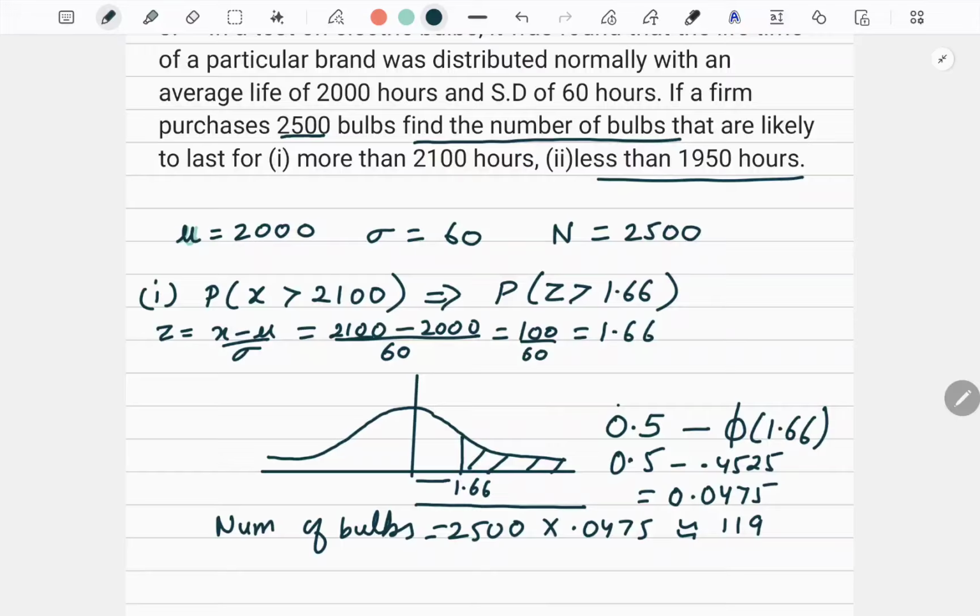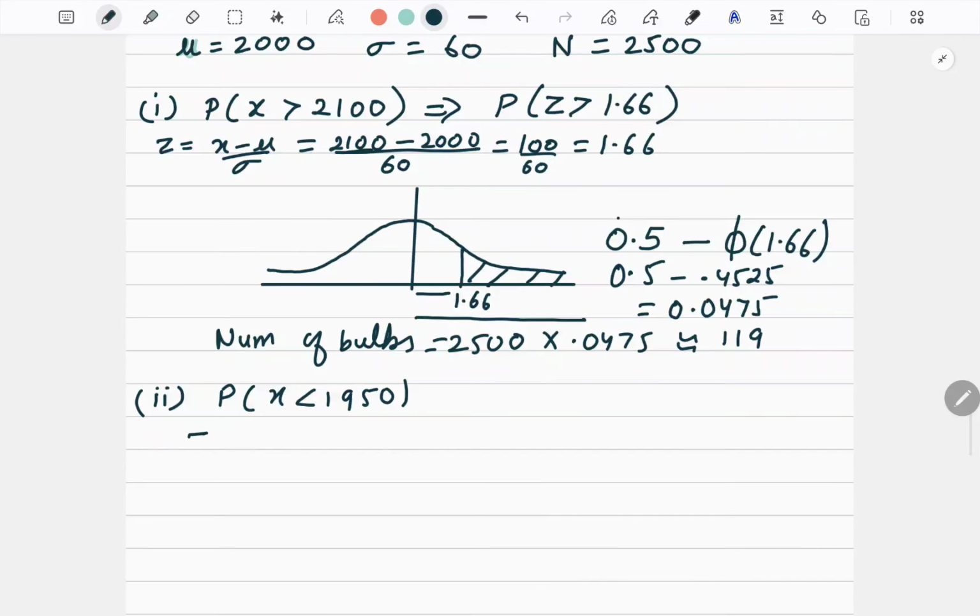Okay. So the second one is probability for X less than 1950. So let me convert this. Z is equal to 1950 minus 2000 upon 60.